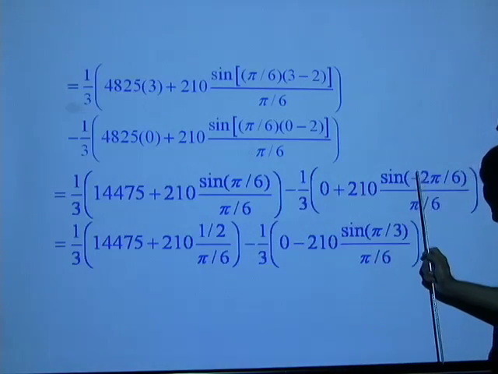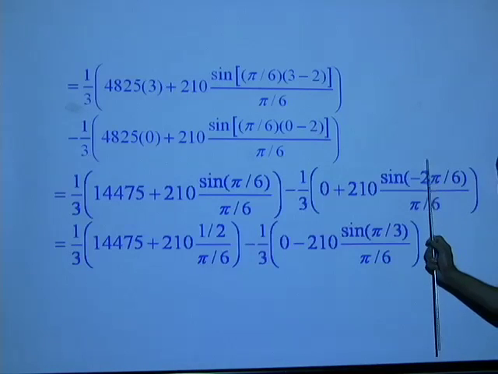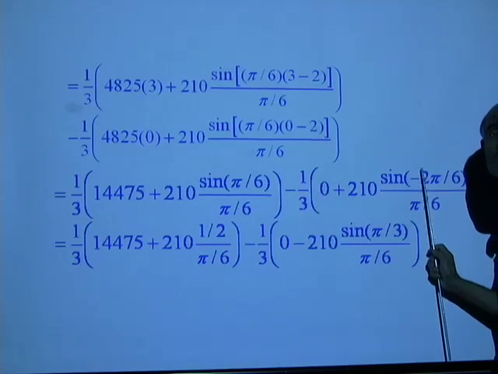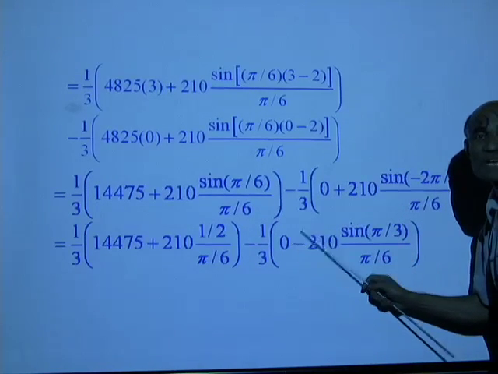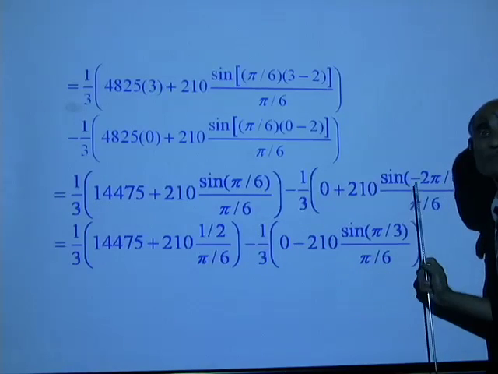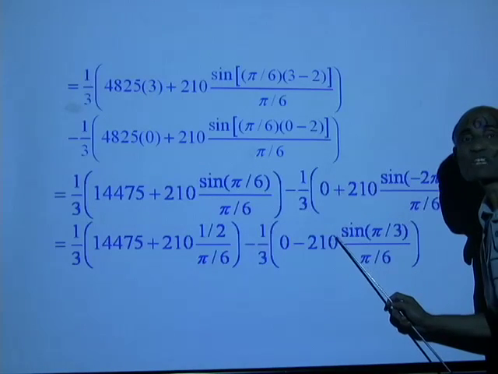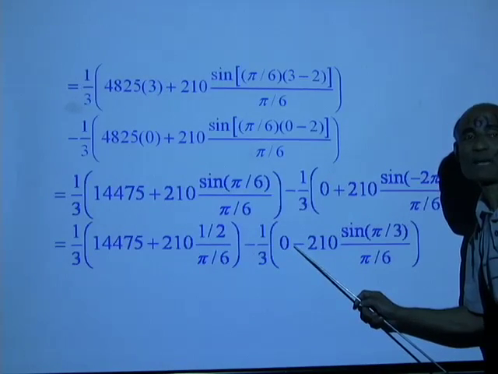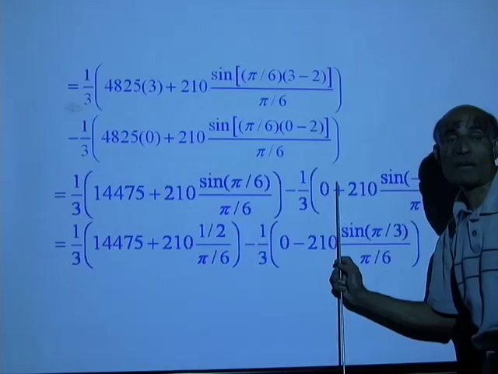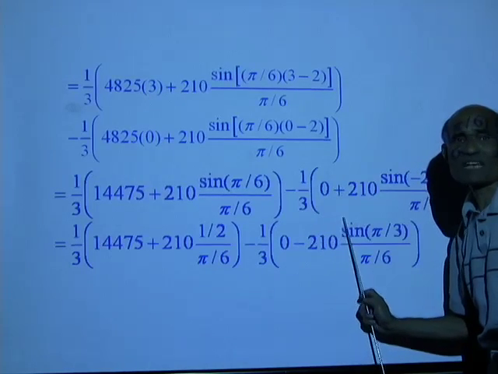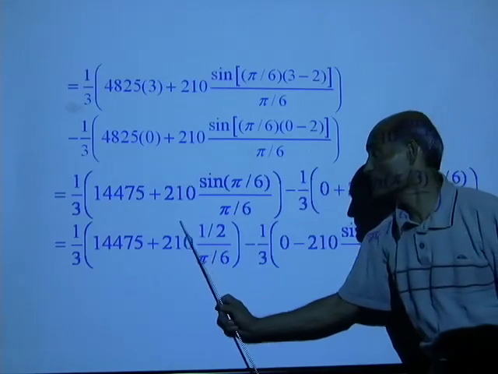So here, 2 pi by 6 is pi by 3, so sine of negative pi by 3 is negative sine pi by 3. That positive sign now becomes negative, and this negative comes from this negative sign. So the lower limit now is minus 1/3 times 0, then minus 210 sine pi by 3 over pi by 6.